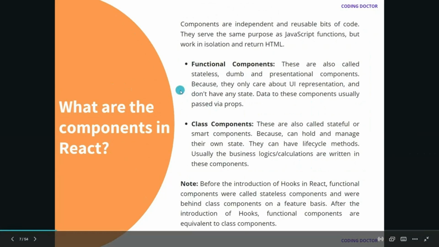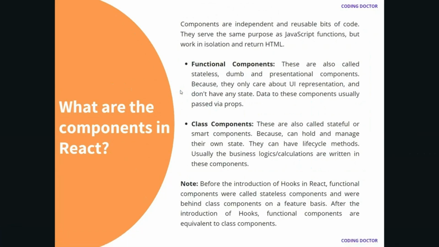Next question is, what are the components in React? As we already discussed, React is all about the components. So we have two kinds of components in React. One is functional and one is class components. I recommend to use functional components wherever possible. But prior to the hooks introduction, functional components were also called stateless, dumb, and presentational components because they do not have any way to store the state of the component.